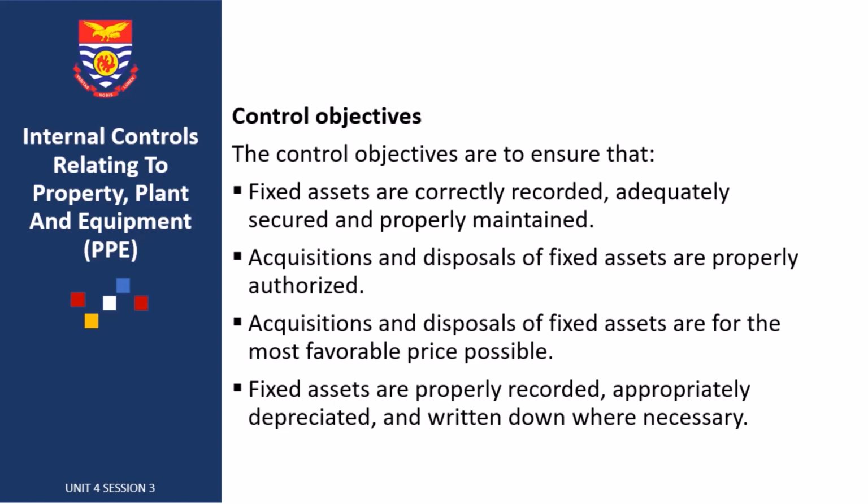Acquisition and disposal of fixed assets should be for the most favorable price possible. Fixed assets are also properly recorded and appropriately depreciated, and the written down value is provided when necessary. So these are some of the control objectives of the PPE.